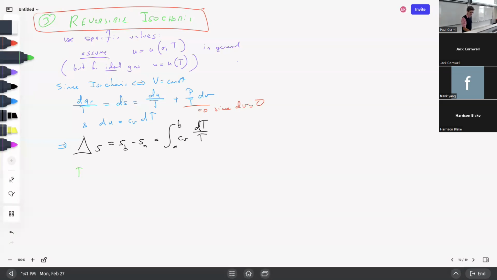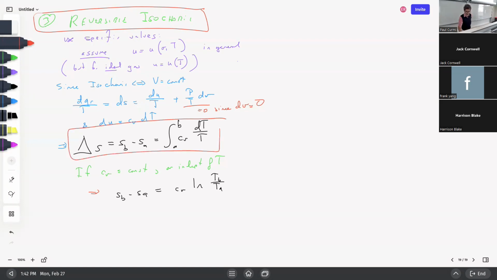So if Cv is constant, or at least independent of temperature, then I can get that simple form: sB minus sA equals Cv ln TB over TA.